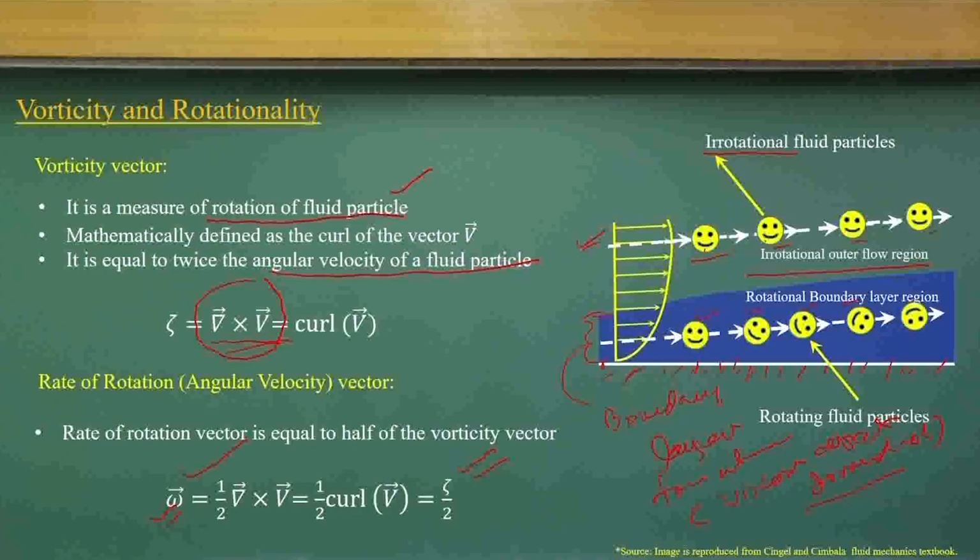But within the boundary layer formation, the small regions near the surface, you will see a drastic change in the velocity gradient, and those thin regions are called the boundary layer. There, the large variations of velocity induce the fluid particles to start rotating.